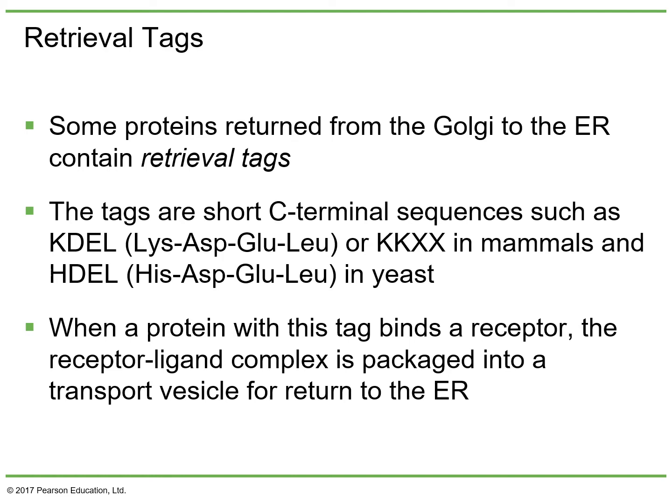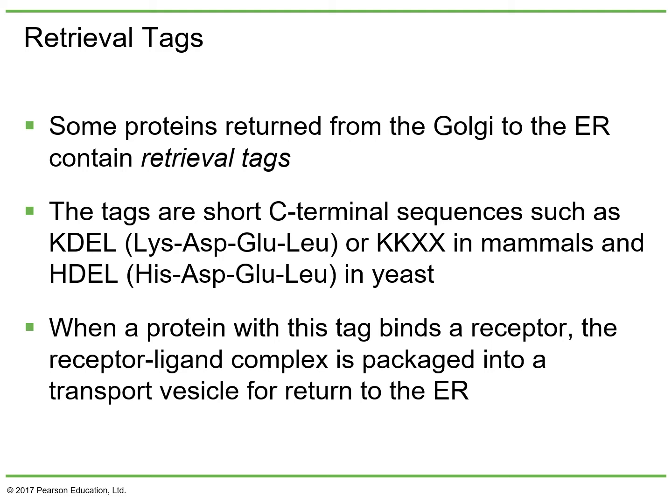Retrieval by retrograde transport of vesicles from the CGN to the ER is better understood than retention. Many soluble ER-specific proteins contain retrieval tags that may bind to specific transmembrane receptors facing the Golgi complex lumen.